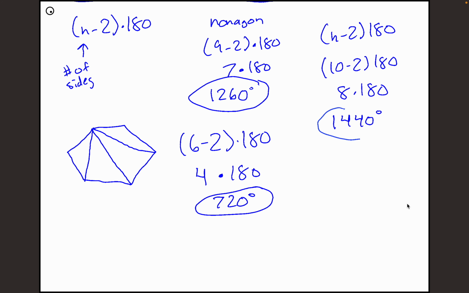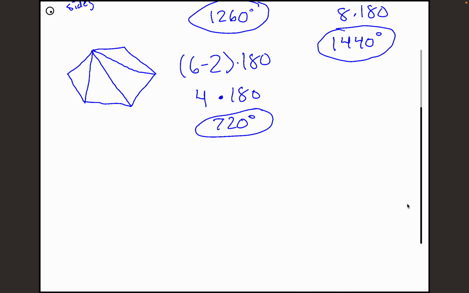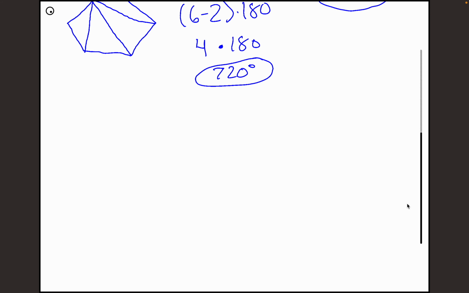Okay? Now, one quick thing before we go over some examples. What if I say, what is the value of a single interior angle of a heptagon? So we want to find one specific angle of a heptagon. If it asks that, we need to find the total sum first. So what's the equation for the total sum again?